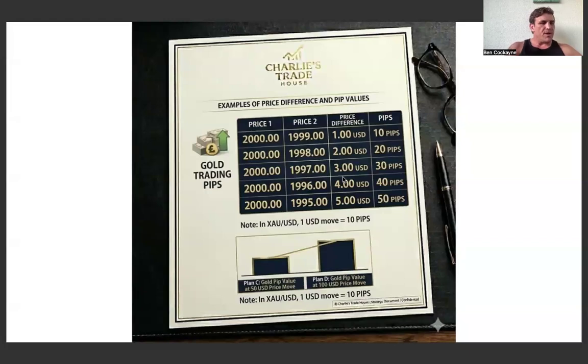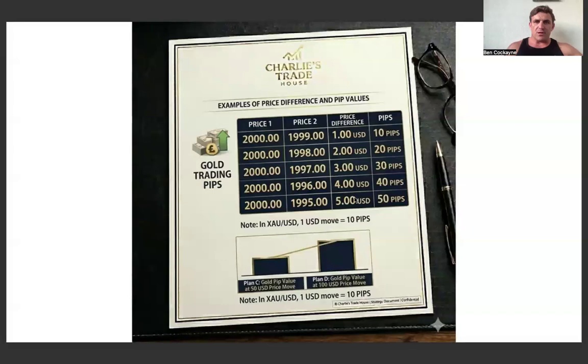Now, 0.01 means that you are risking 10 cents per pip. So, in other words, you are risking $1 every time the price moves $1. So 0.01 means if price in the market moves up or down $1, depending if we're buying or selling, you're going to profit $1 or lose $1 on a 0.01 lot size.